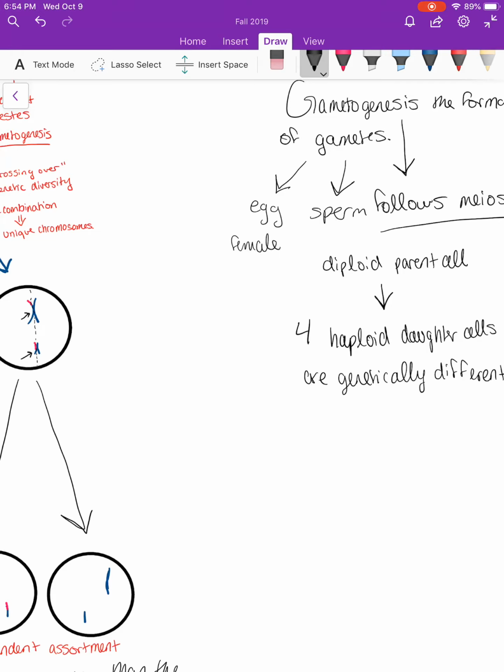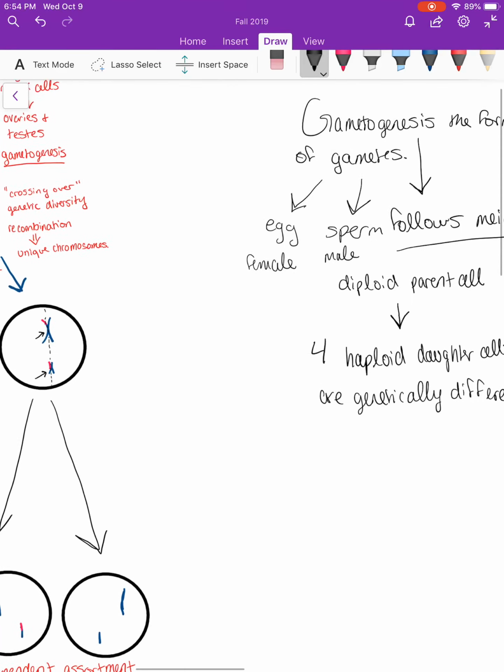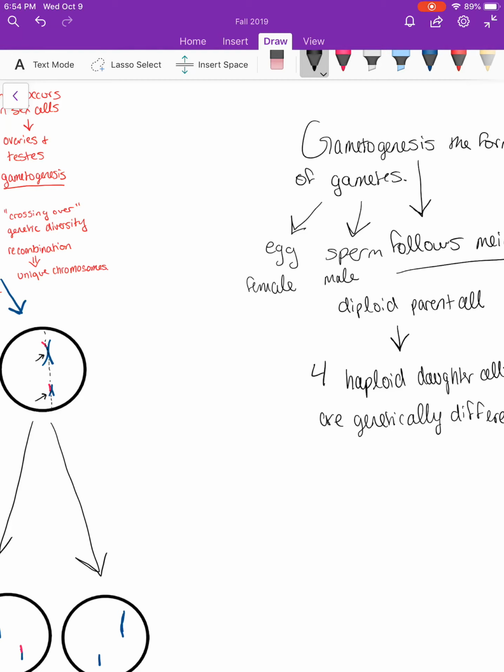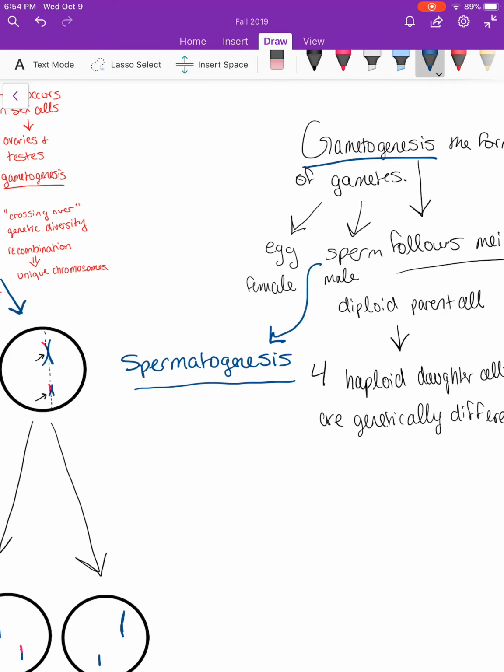Female or male, right? So in terms of the guys, the special term for gametogenesis for men is spermatogenesis. I hope I'm spelling that right.